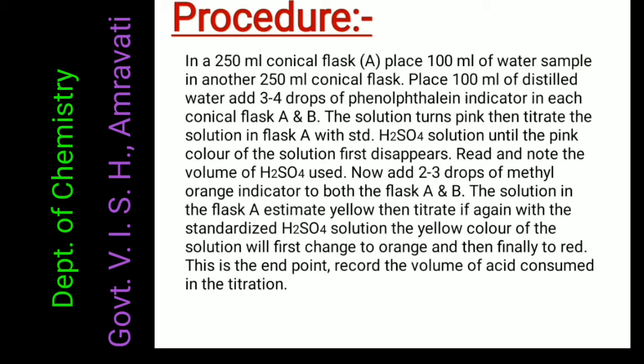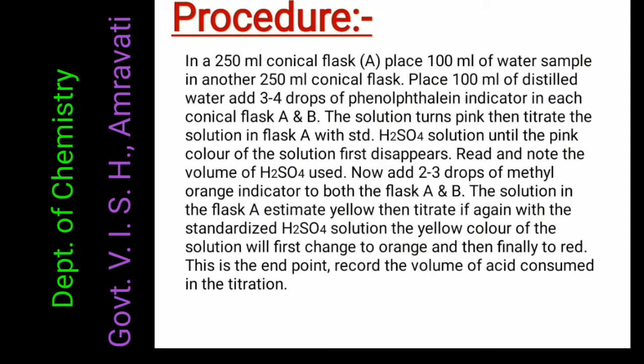In another 250 ml conical flask, place 100 ml of distilled water, and add 3 to 4 drops of phenolphthalein indicator in each conical flask, that is A and B. Means you have to take 2 conical flasks, one labeled A and the second B. The solution turns pink, then titrate the solution in flask A with standard H2SO4 solution until the pink color of the solution first disappears. Read and note the volume of H2SO4 used.